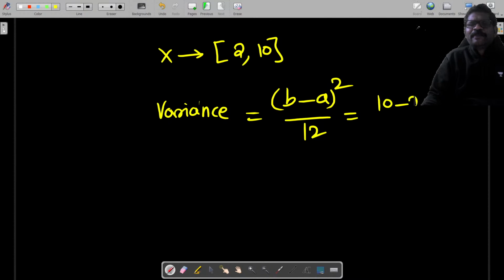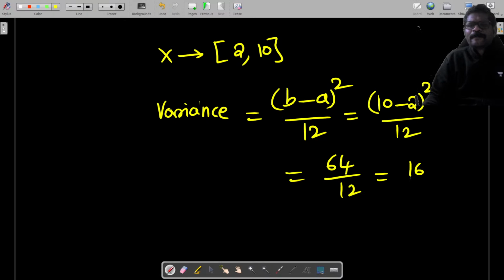So here, (10 minus 2) whole square by 12, 8 square by 12, 64 by 12, 16 by 3. So here the variance is 16 by 3.